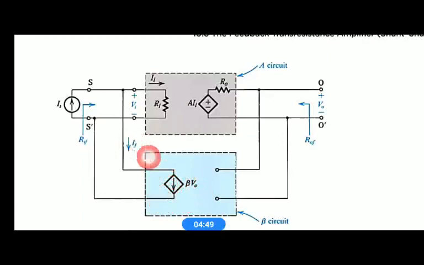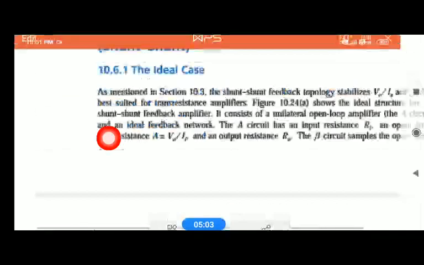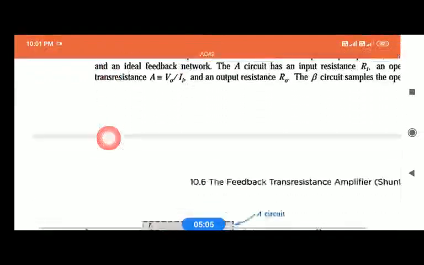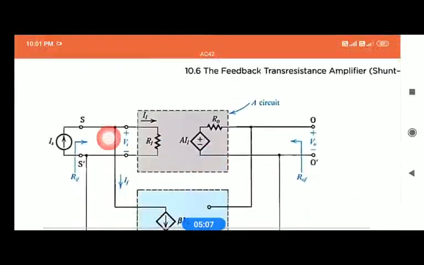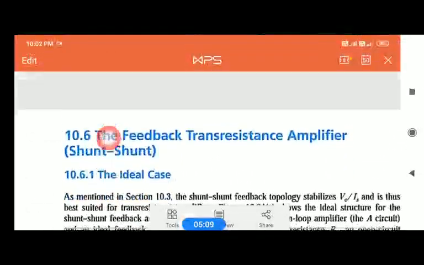So IF is equal to beta V0, and that IF is feeding into the input in parallel, in shunt with the current source IS.